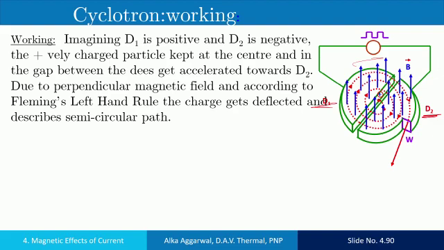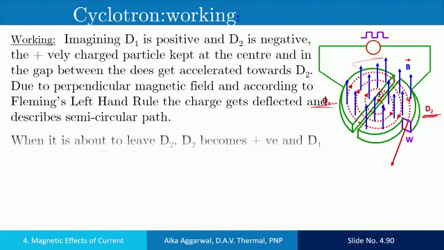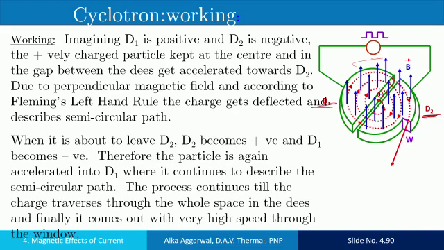Inside D1, the electric field again becomes ineffective because there is no field inside the conductor, but the magnetic field again turns its path into a semicircle of increased radius.